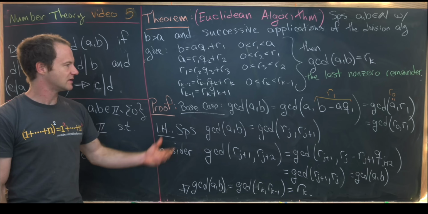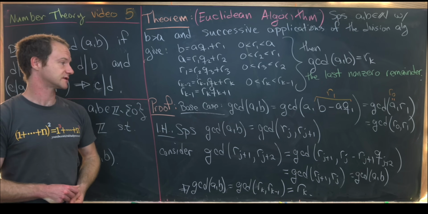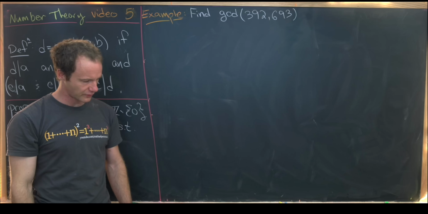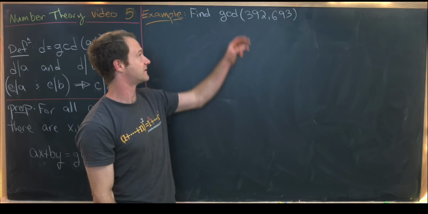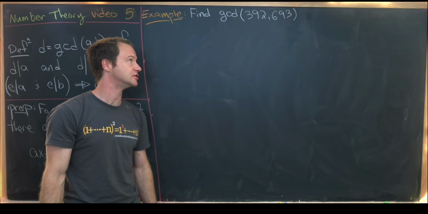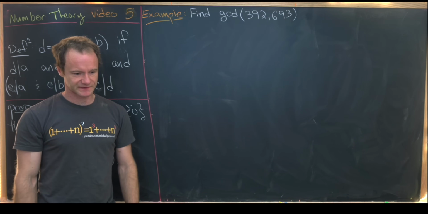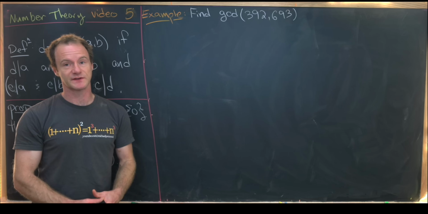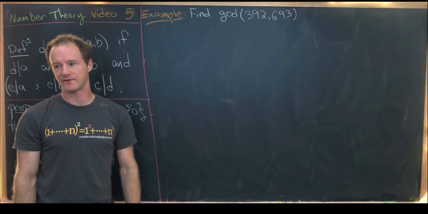Okay, so let's maybe clean up this theorem and then we'll look at some actual examples. Now that we've proved the Euclidean algorithm works, let's use it to find the GCD of 392 with 693. An elementary school approach to finding the GCD of two numbers involves factoring them into primes and then doing something with that prime factorization.